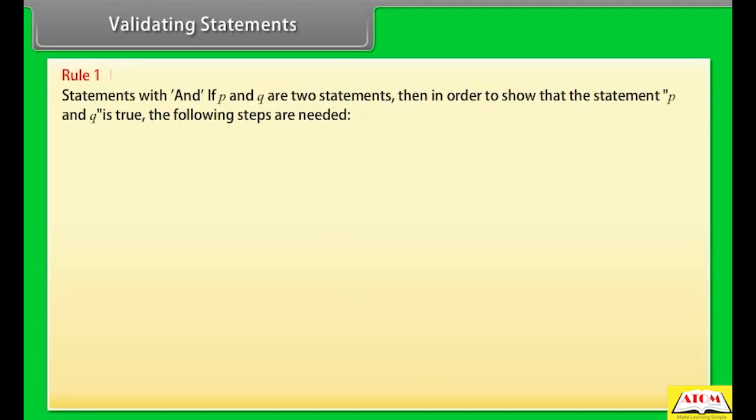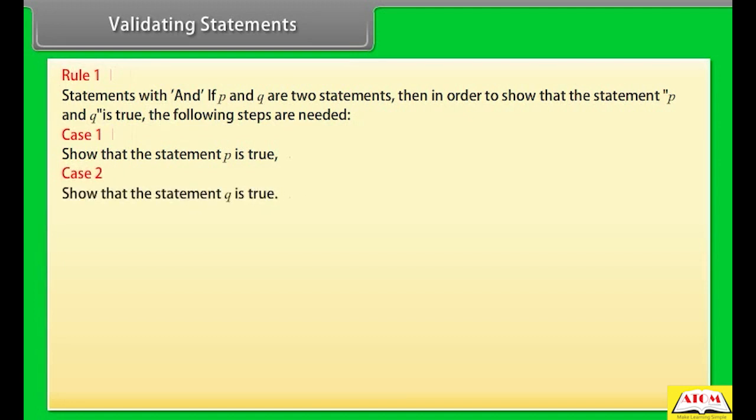Validating statements. Rule 1. Statements with AND. If P and Q are two statements, then in order to show that the statement P and Q is true, the following steps are needed. Case 1. Show that the statement P is true. Case 2. Show that the statement Q is true. Rule 2.